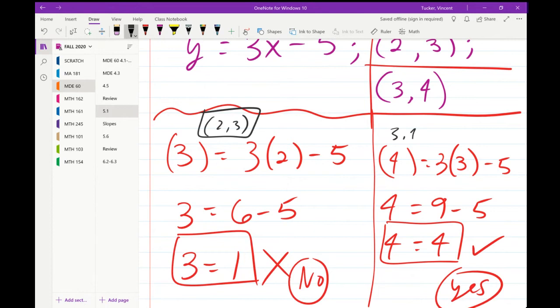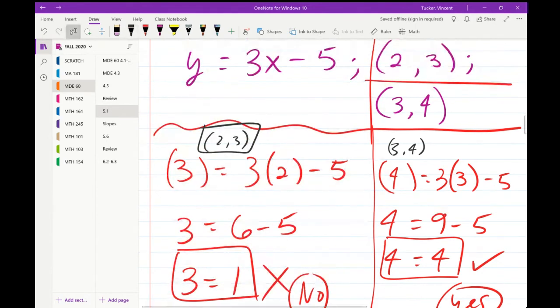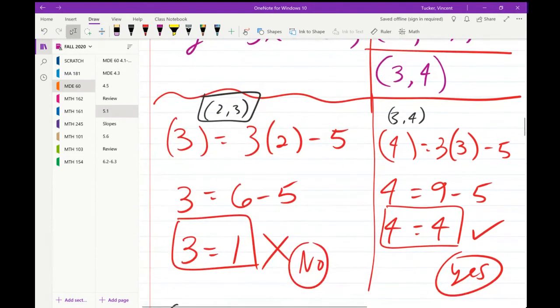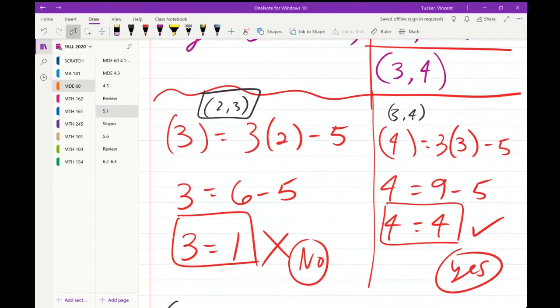And then right here, we plugged in the ordered pair of 3, 4. 3 for x, 4 for y. And our equation was y equal to 3x minus 5. So 4 for y, then 3 times 3 is 9, minus 5 is 4, and that one worked out.